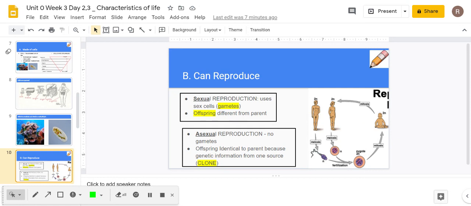So this is not just for humans. This is many different types of organisms that sexually reproduce to form the next generation. And then the cycle continues.